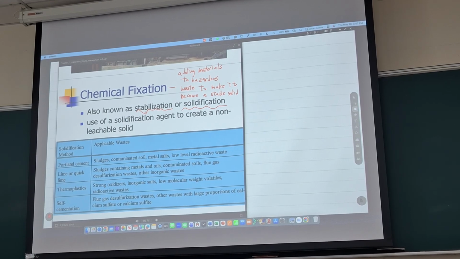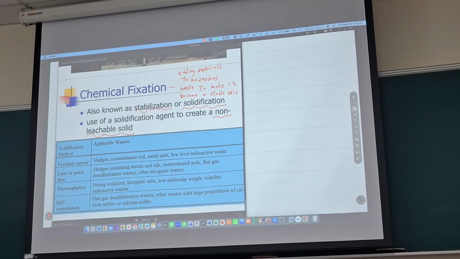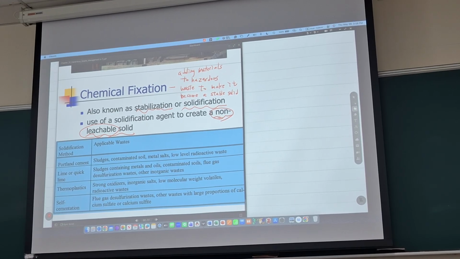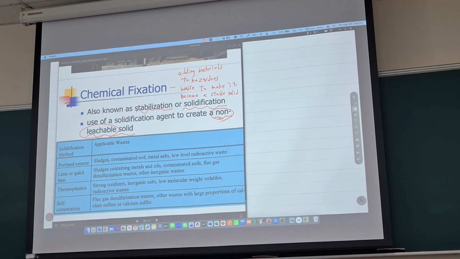Why do we want to do this? Because we said leachate is the pain in the neck, right? It will contaminate groundwater.